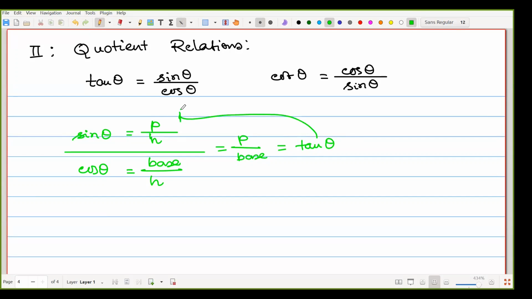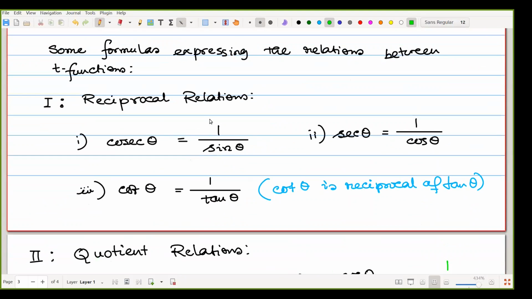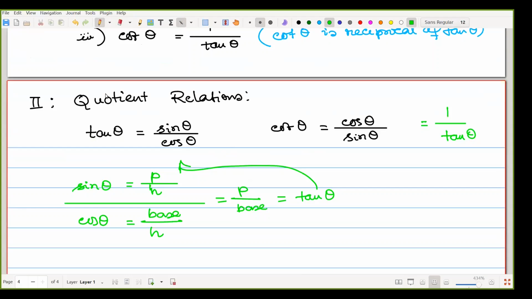That's why tan theta is equal to sine theta by cos theta, and same as we have cot theta is equal to cos theta by sine theta, because cot theta already we know is 1 by tan theta, that is the reciprocal. So the first ones are the reciprocal relations, the second ones are the quotient relations.